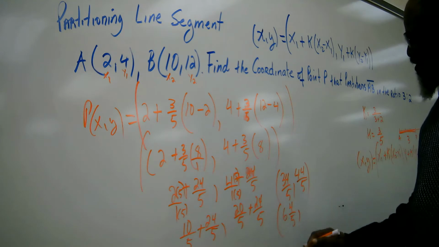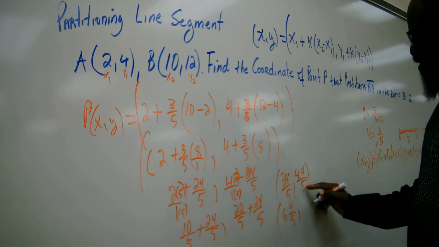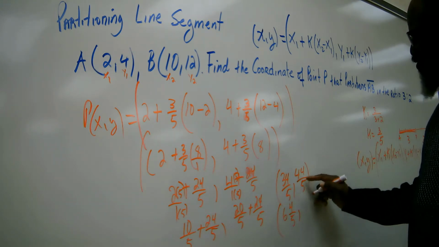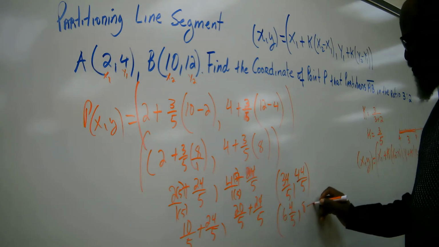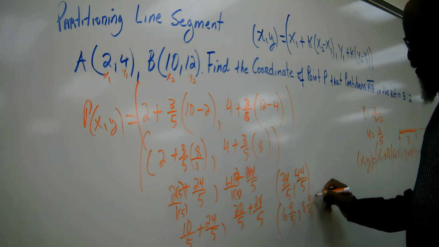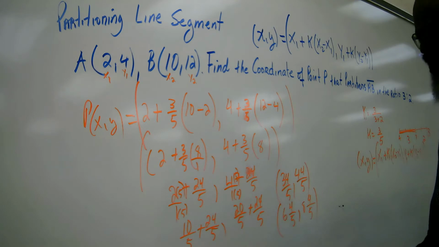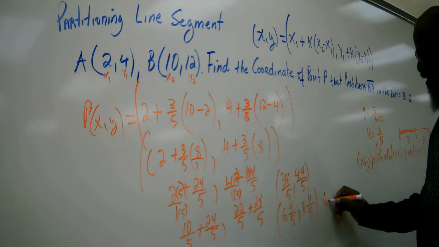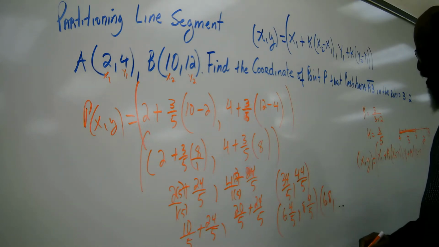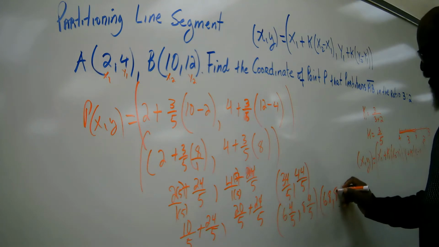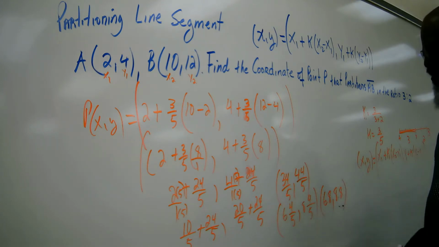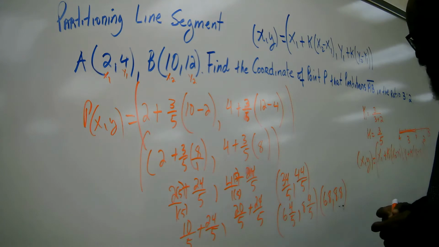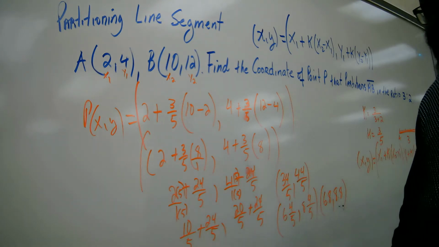Then how many times 5 goes into 44, 8 times, with 4/5, so 8.8. You can rewrite it as (6.8, 8.8), where 6.8 is x and 8.8 is y. This is where you are going to land on that segment.